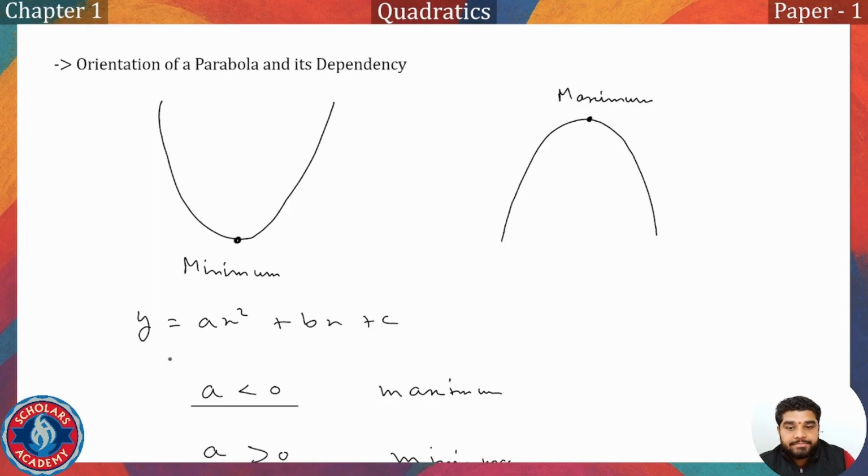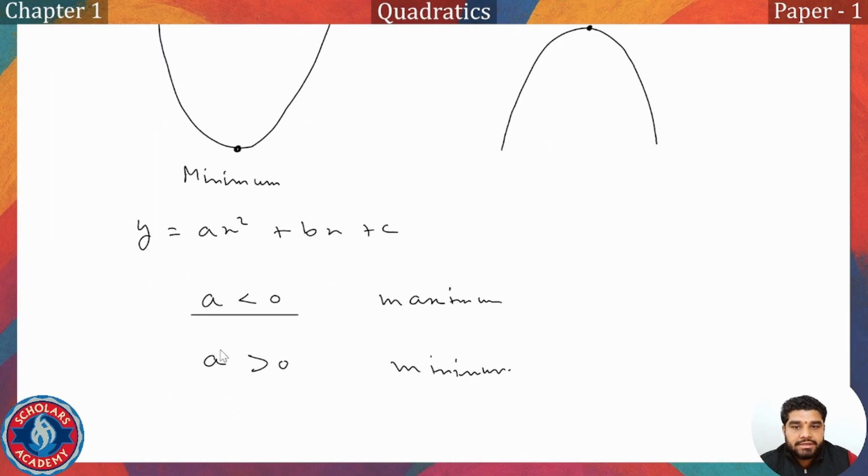When the value of a is greater than 0, it is a positive shift, which means earlier the curve was decreasing, after that it starts increasing. It's a part of differentiation as well, so it's somewhat related to that topic, but we'll not go into detail in differentiation. We'll continue with it.